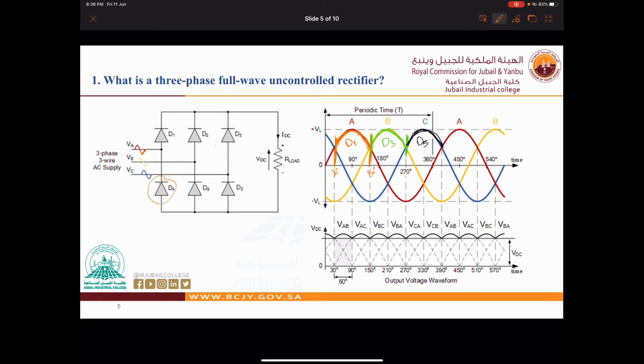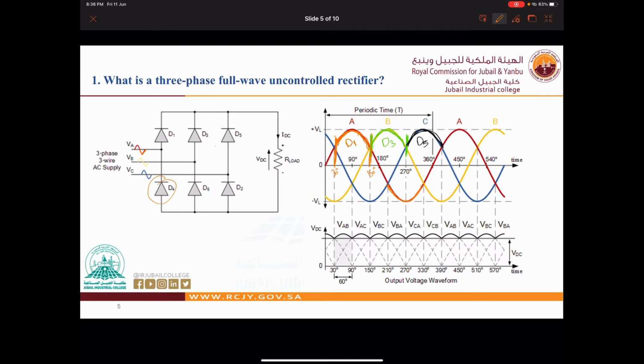As you can see, this is VA, the lowest value of VA. So VA is now less than VB and VC, or we can say it is the largest in the negative side. Either is correct.